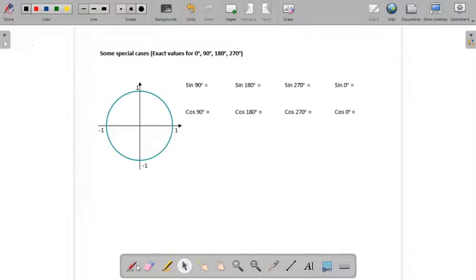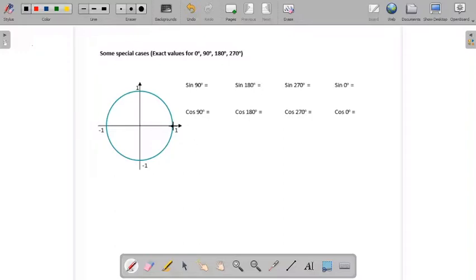So if we have a look at this value here, which is an angle of 0 degrees, remember that sine is our y-coordinate and cos is our x-coordinate.